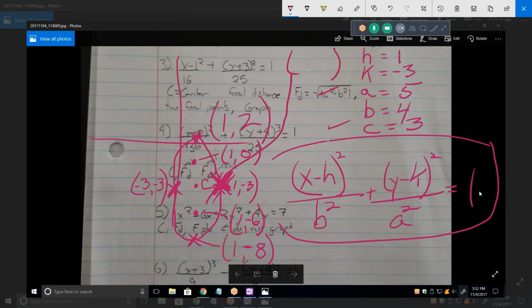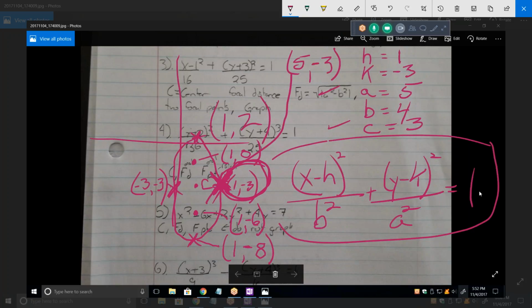Okay, so what's the point? If the coordinate of the center is 1, -3, what's 4 points to the right of that? What's 4 points to the right of 1? That'd be 5.